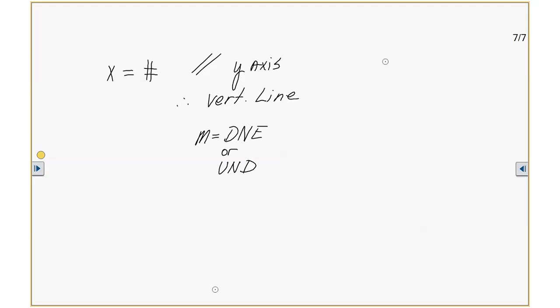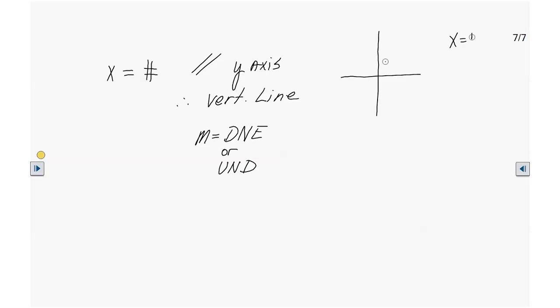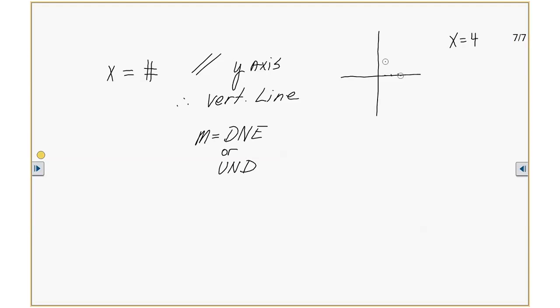So, I'll draw you a couple of examples. X is equal to 4, as an example.